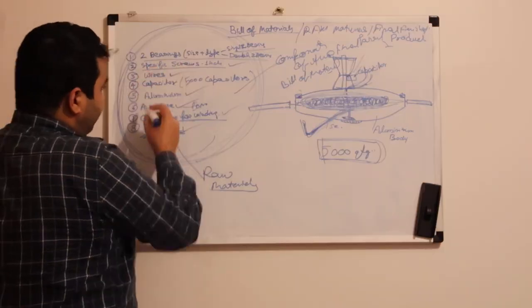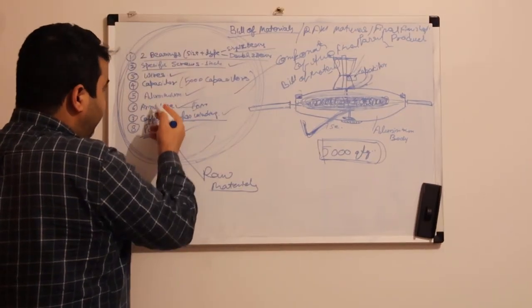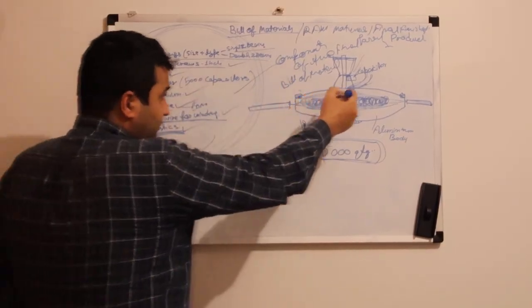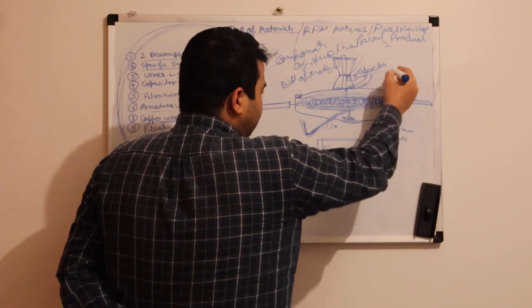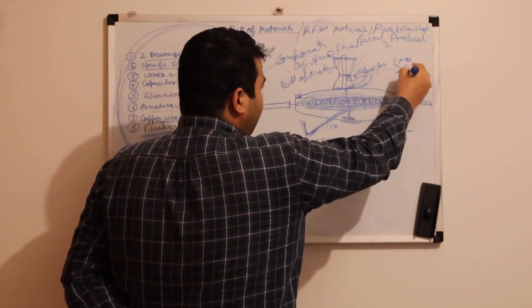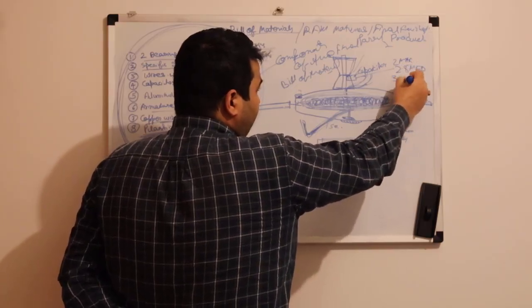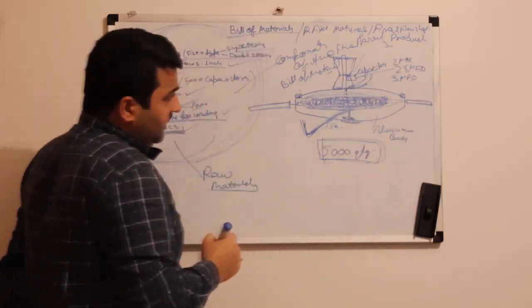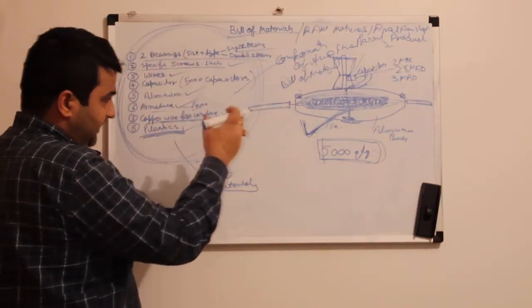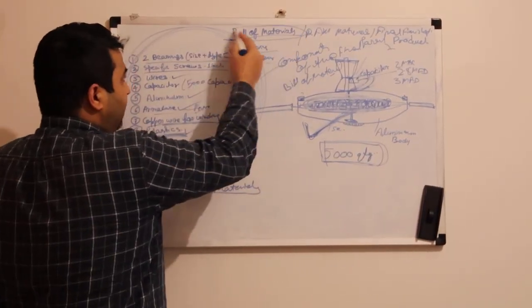And so we analyze how much quantity we require, the type of bearings we require, capacitor, the type, because we also have different types of capacitor: 2 MFD, 2.5 MFD, microfarads, 3 MFD, depends. So all these things we analyze, and based on that we take the decision. So it comes under the bill of material.